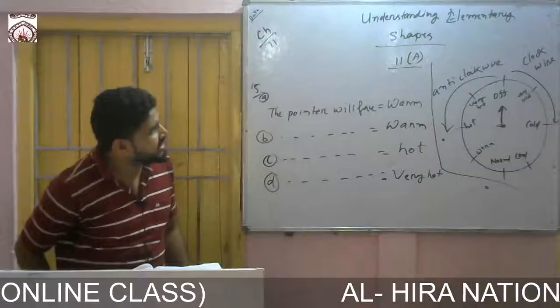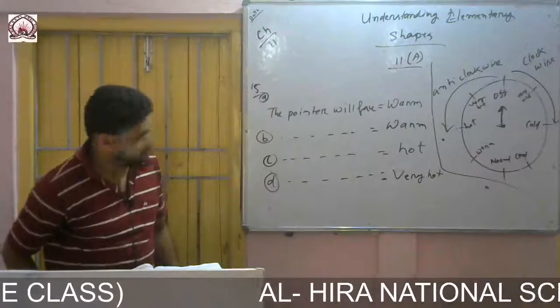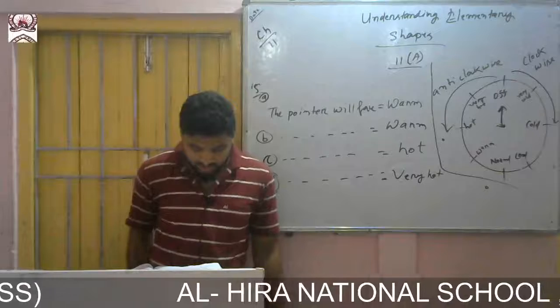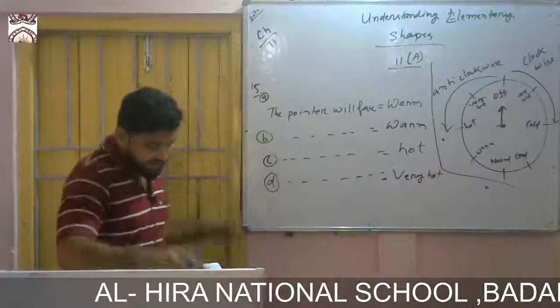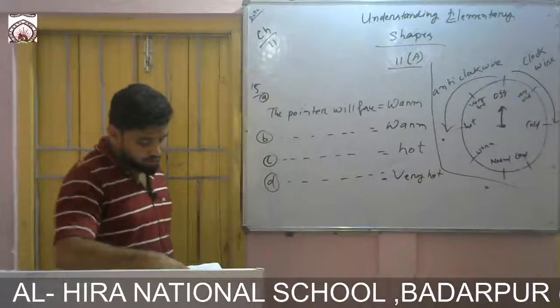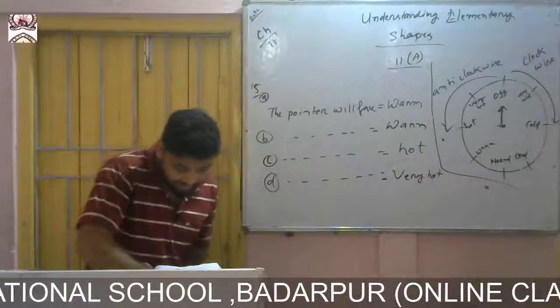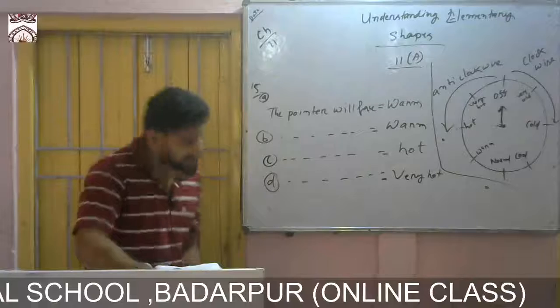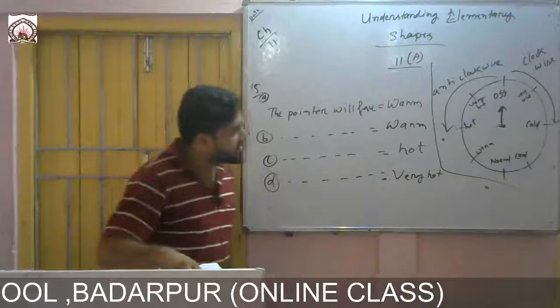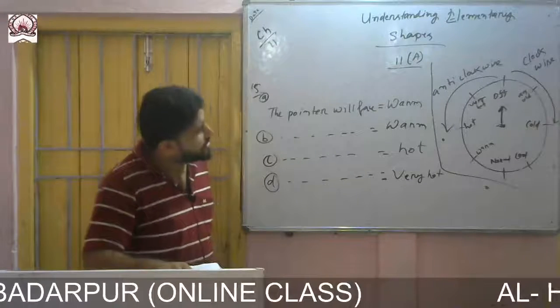Wait, question number 5, it is 270 degree clockwise from cold. 270 degree, that means 6 markings clockwise from cold.